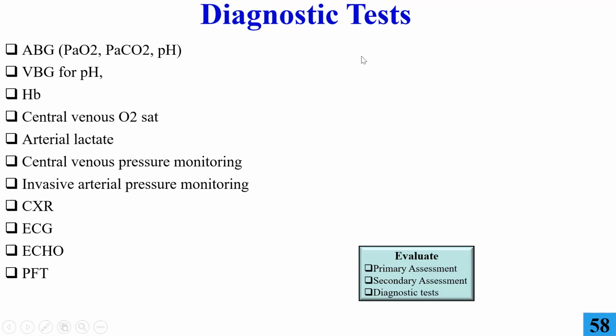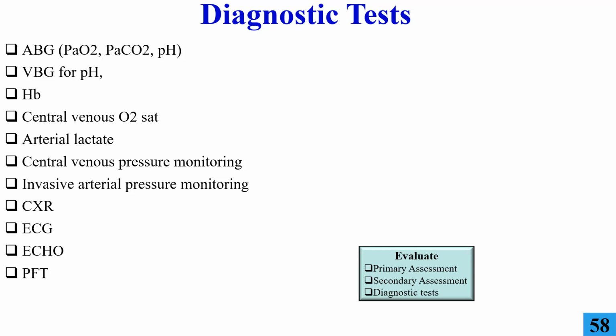Now, after we finish the initial evaluation, primary assessment, and secondary assessment, we go to the tests. The most important, when we have a sick baby, is that we do gas. Gas can be ABG, arterial blood gas, or capillary blood gas. Please don't do VBG. VBG means nothing. It's the wrong sample, so don't do venous blood gas. The only benefit of venous blood gas is the pH when the baby has poisoning such as salicylate or aspirin, and also when there is diabetic ketoacidosis, we do pH.